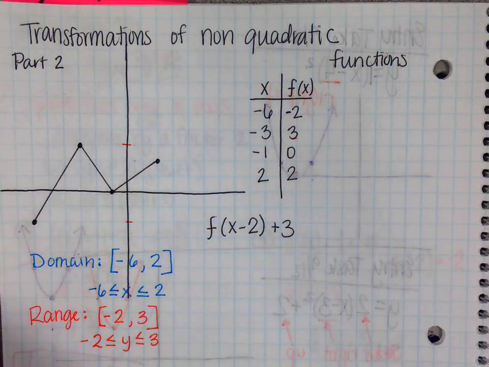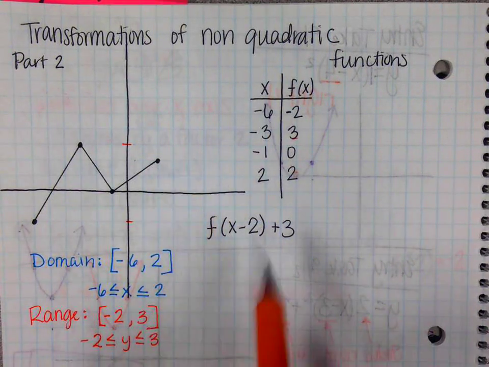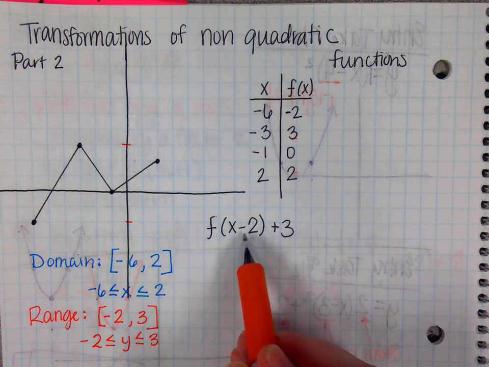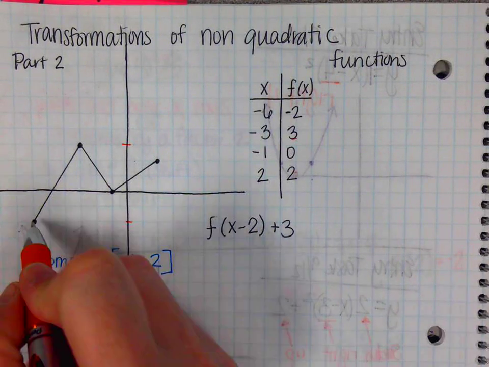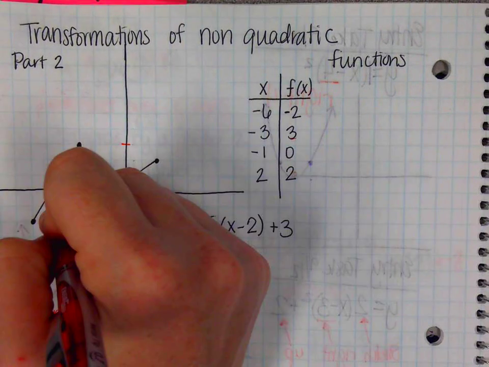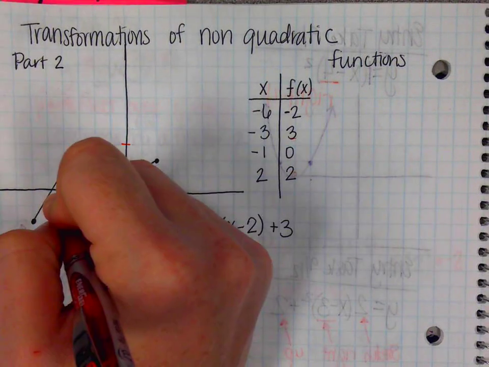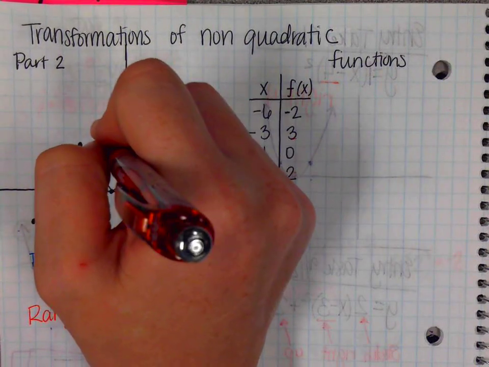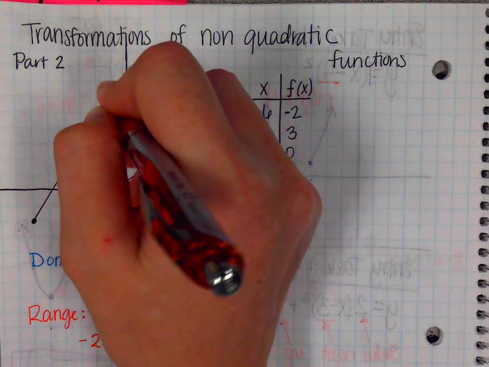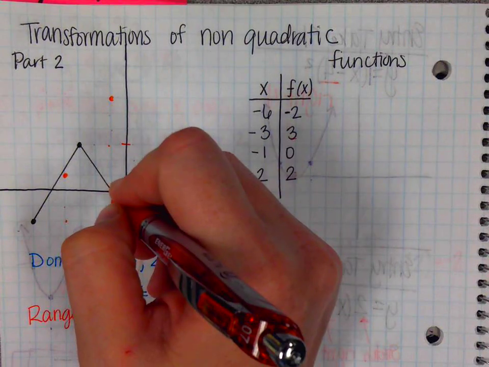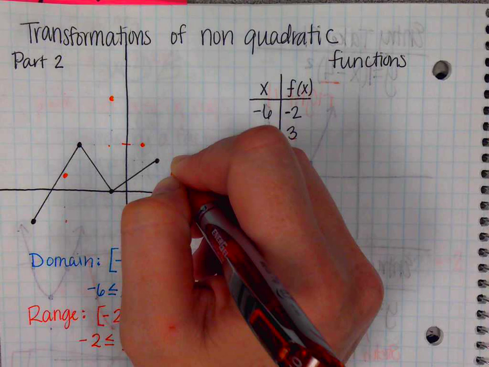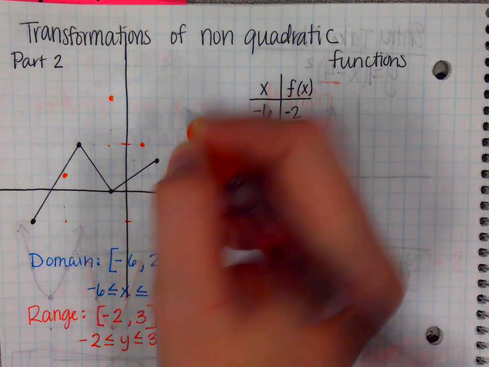We need to take all of these points and move them, since it's -2, we need to move them right 2 and up 3. So right 1, 2, and up 1, 2, 3. Then again for each of the remaining points, right 2 and up 3.